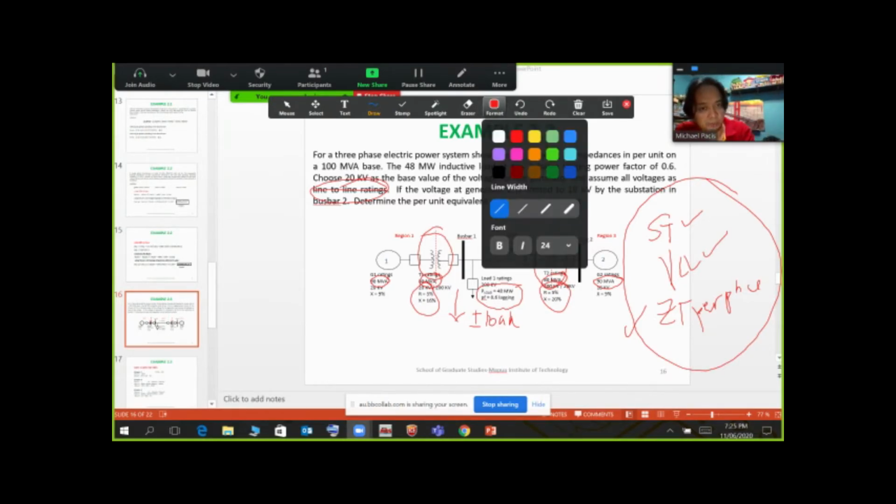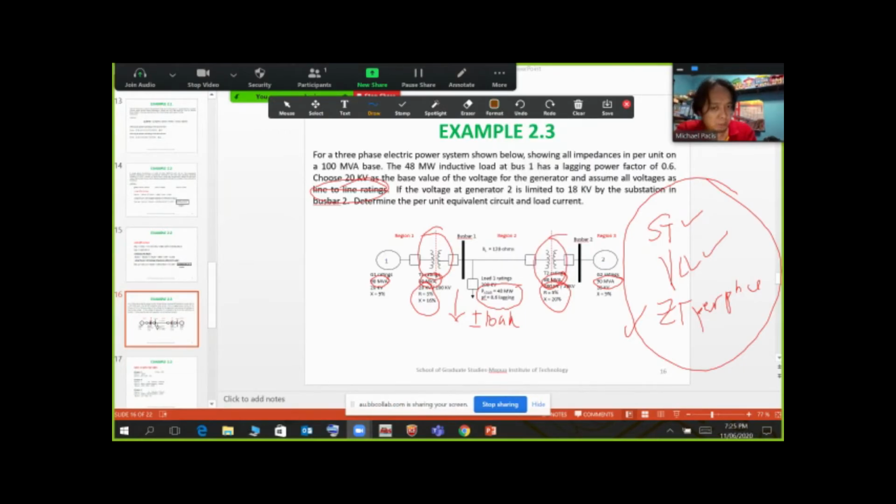You will start the solution wherever the first voltage is that you want, of what region. Because you can solve the problem in region 1, region 2, region 3. But typically, so that you will not have a hard time, you can assume that the base ratings are on the source.